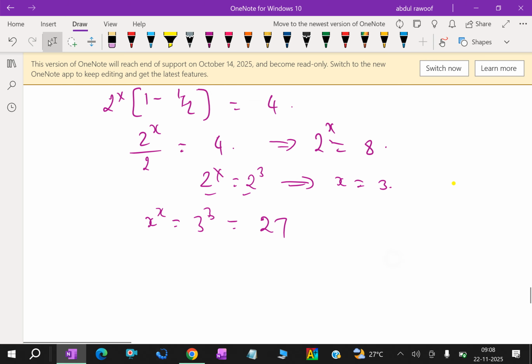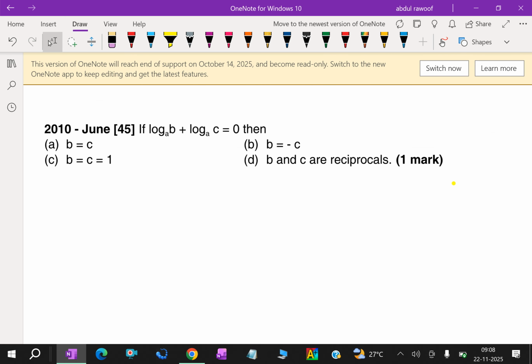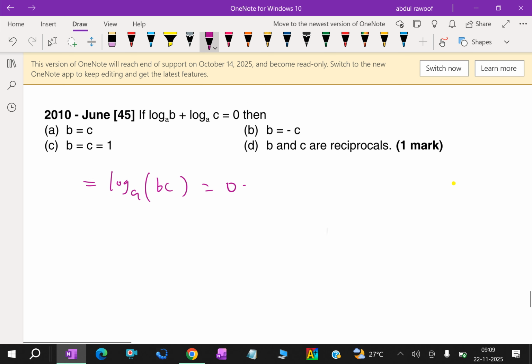Next is, if log b plus log c, both base a, equals 0, which is equal to log of common base a into bc, which is equal to 0.